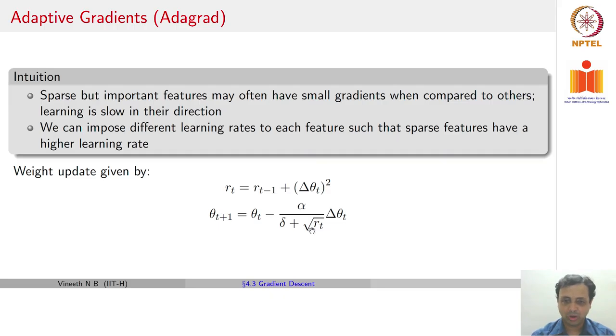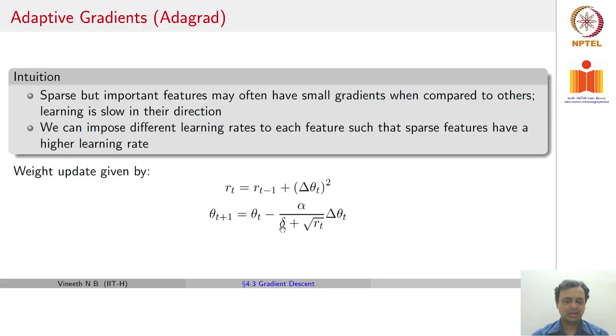But otherwise, what this is doing is when RT is small, which is going to be a very small value, this is going to become large, or rather the learning rate for that weight is going to become large. When RT is large, the learning rate will become small.